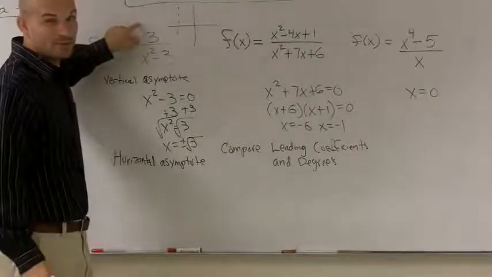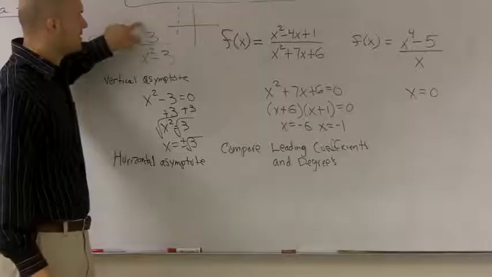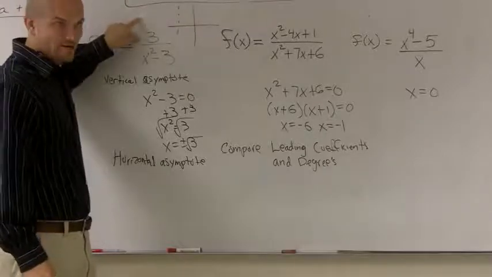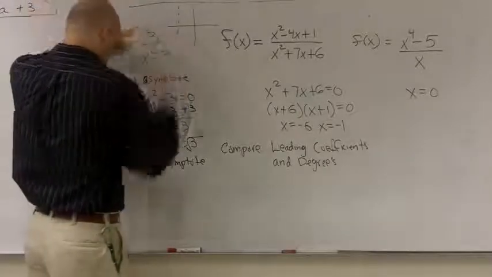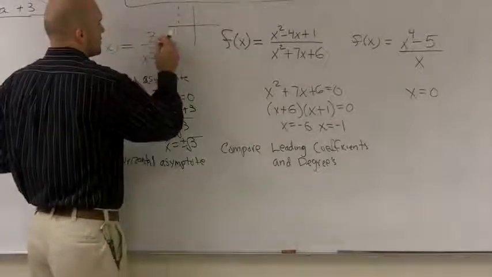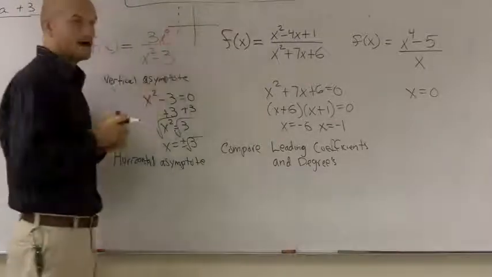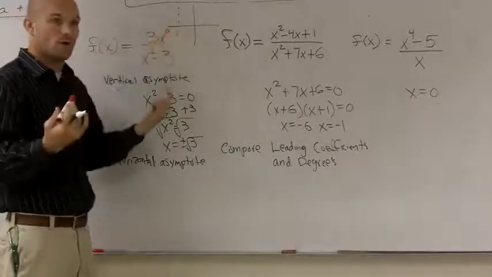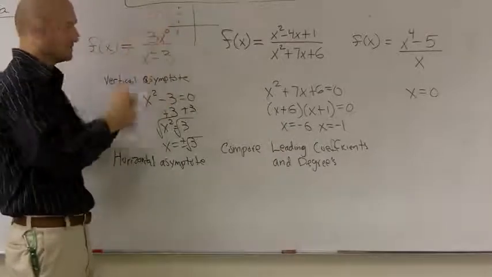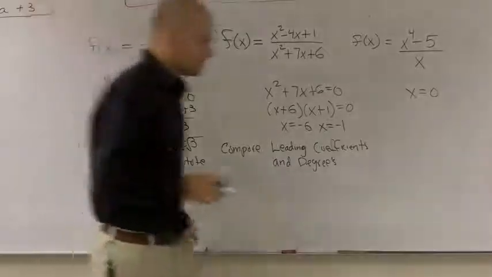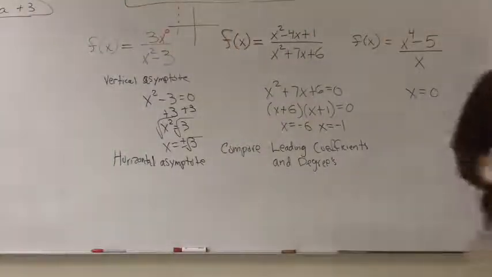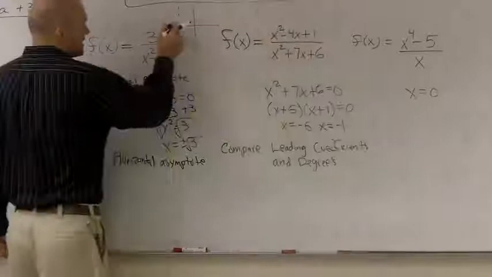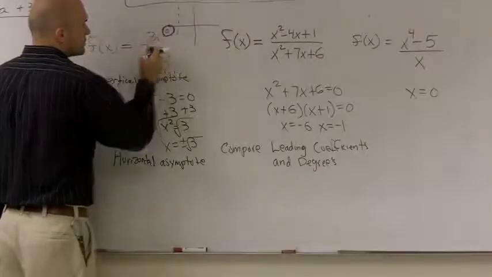Here we have a polynomial, but it's a constant polynomial. A lot of you might say, well, there's no x right there. Well, I can put x to the 0 power, because anything raised to the 0 power equals 1, and 1 times 3 would be 3. Then the next thing I want to do is compare my degrees.